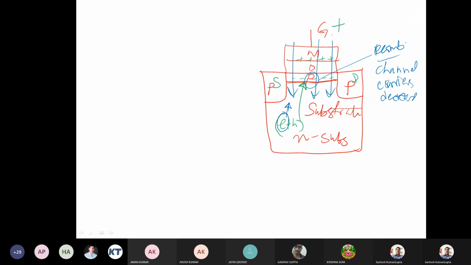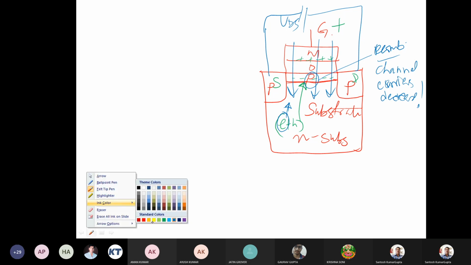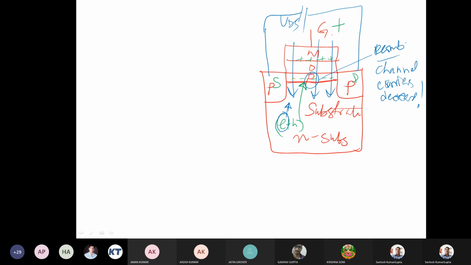So due to this, what will happen? Suppose we had connected some voltage difference across drain and source with the help of VDS, which had established some electric field between drain and source.